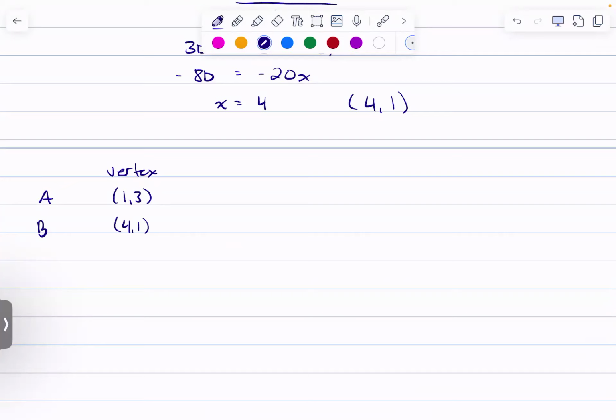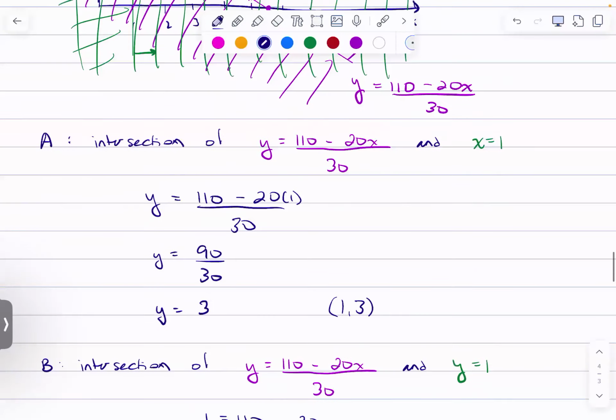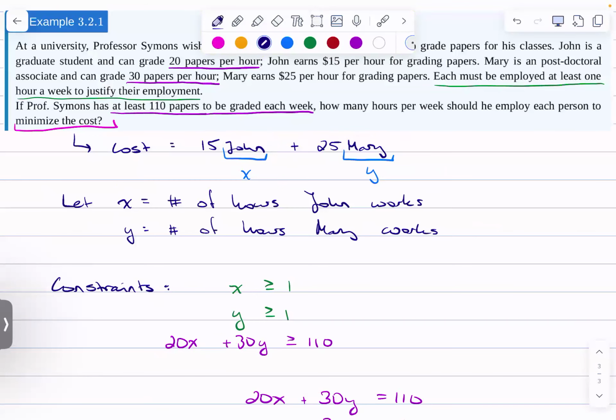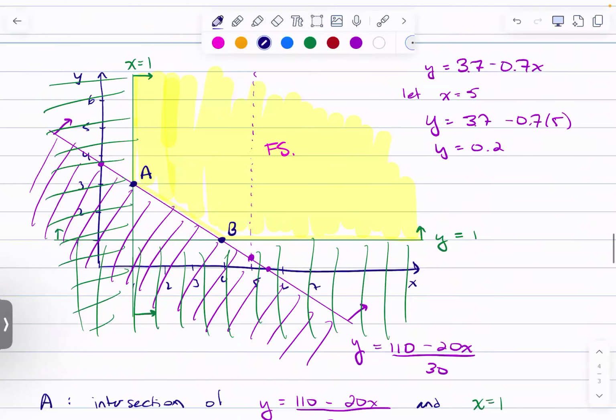And I want to minimize the cost, right? We want to minimize the cost, which we said way, way, way back. Haven't touched it since. 15 times x plus 25 times y.